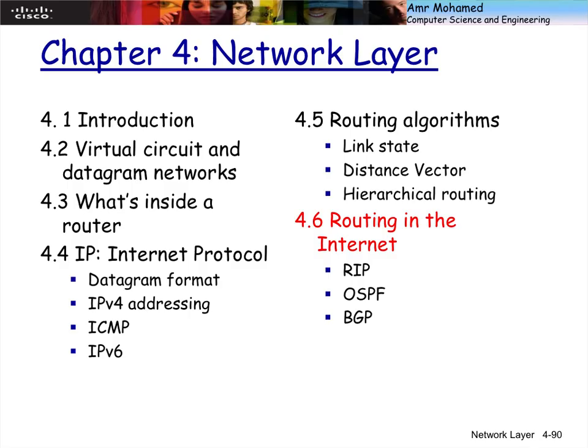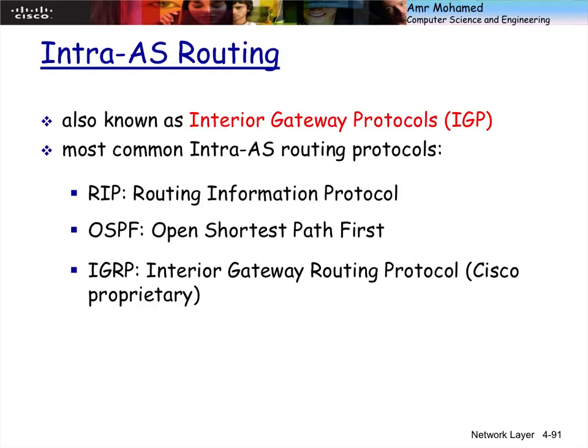So now we talk about the protocols. The protocols here use one of the algorithms that we have talked about, but with certain configurations and certain parameters that we need to discuss. For example, we have the intra-autonomous system routing protocols, or sometimes they call them interior.